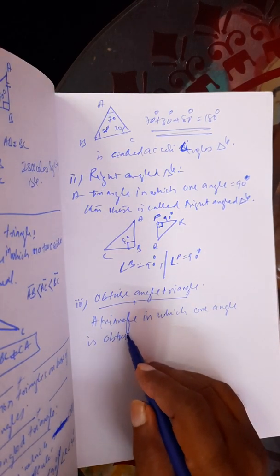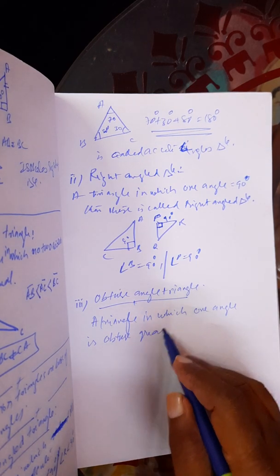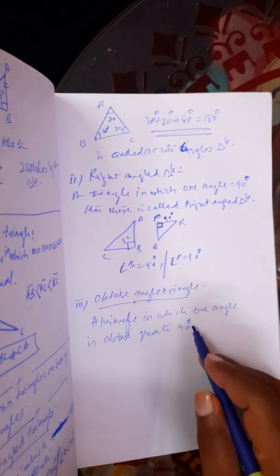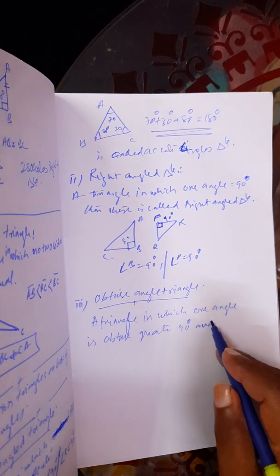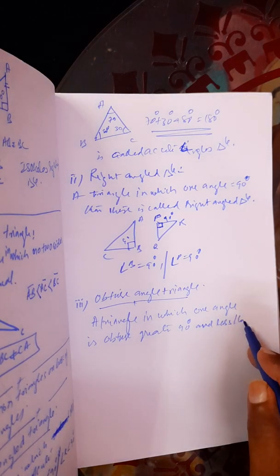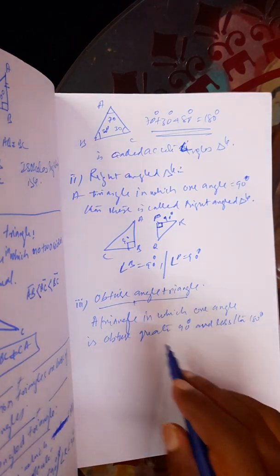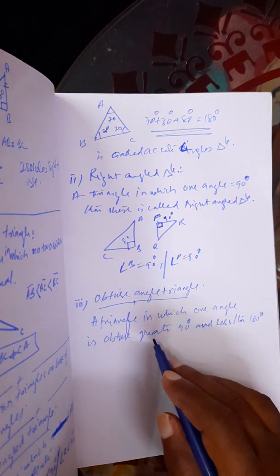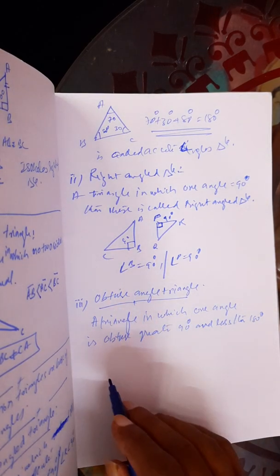Obtuse means greater than 90 degrees and less than 180 degrees. One angle has its value greater than 90 and less than 180, then it is called an obtuse angle triangle.